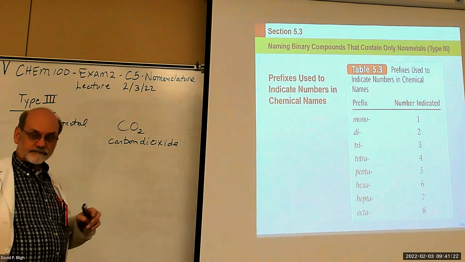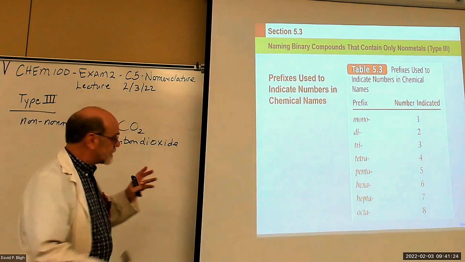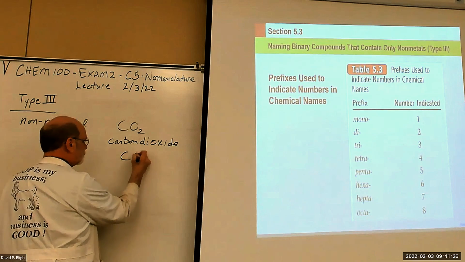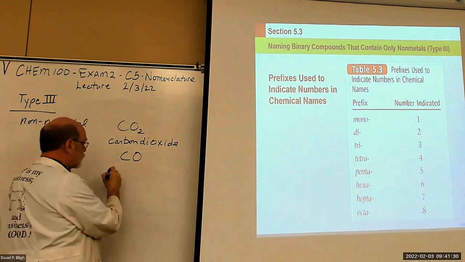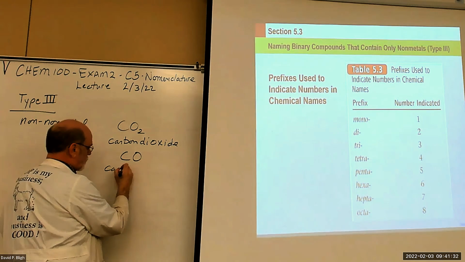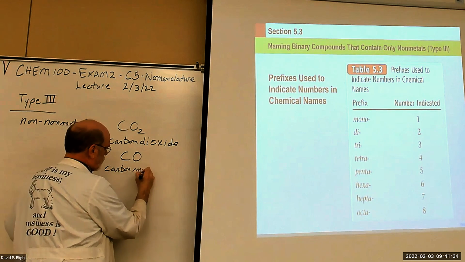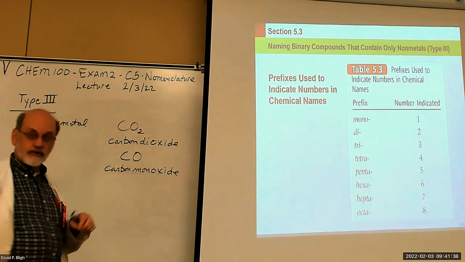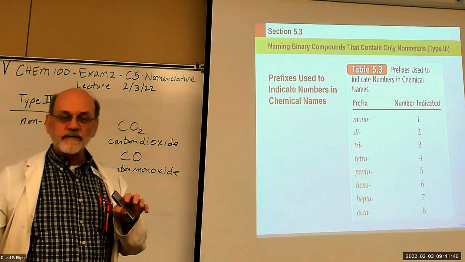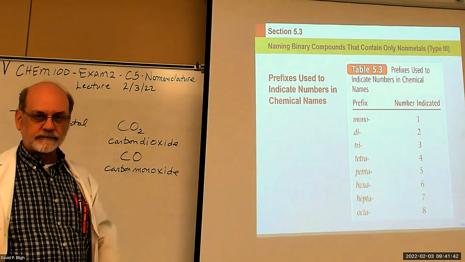However, if we write this compound, 1 carbon, 1 oxygen, you do use the mono prefix for the second member.